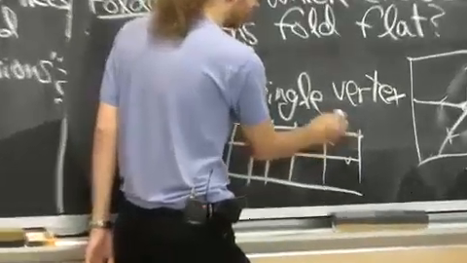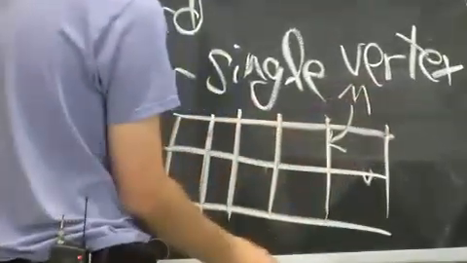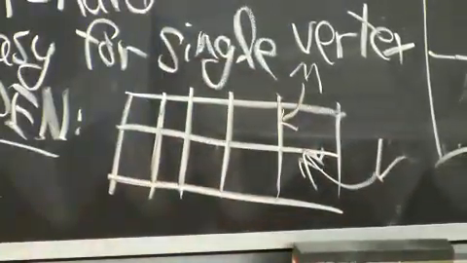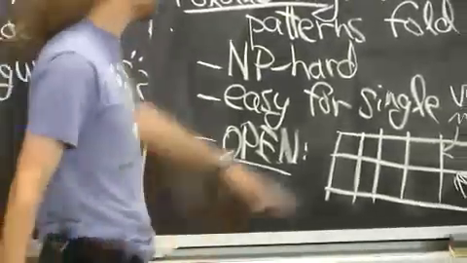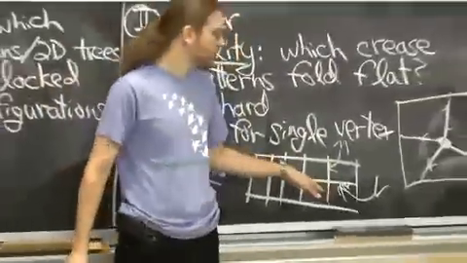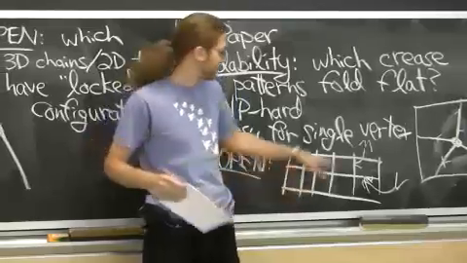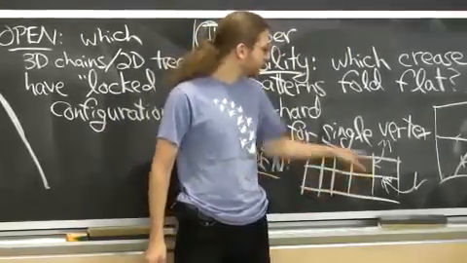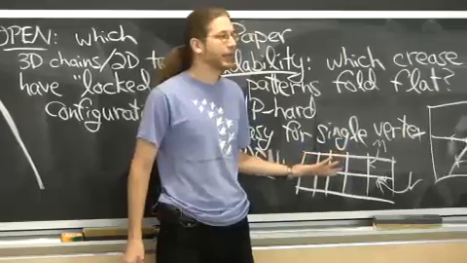I'm not going to mark all of them because it's a little messy with black and white chalk, but some of them are marked mountain, some of them are marked valley, meaning you fold, this is valley, this is mountain. So they just have a relative orientation to each other. Suppose you look carefully at your map, you can recover which way it was folded last, hopefully correctly, and then you want to find, does that thing fold flat?